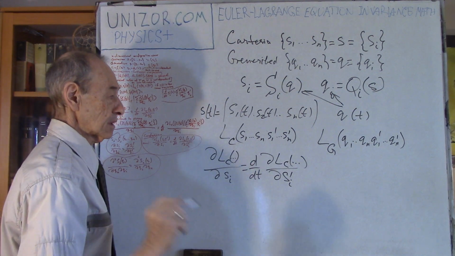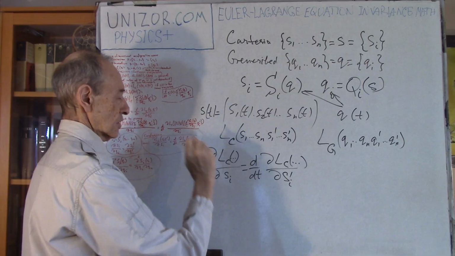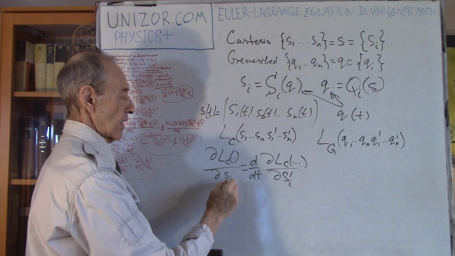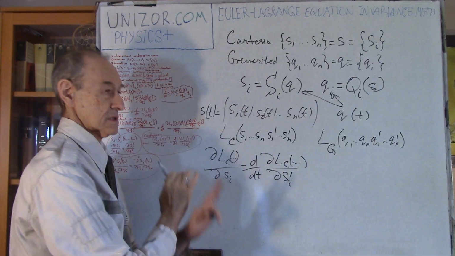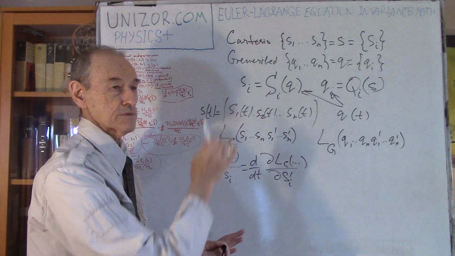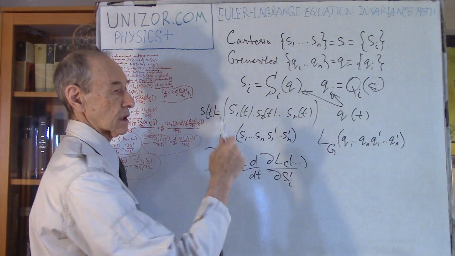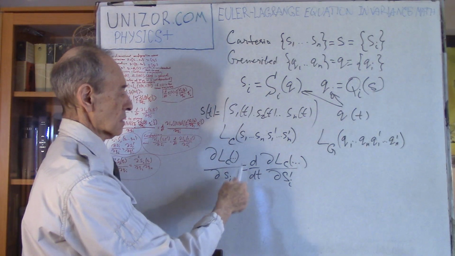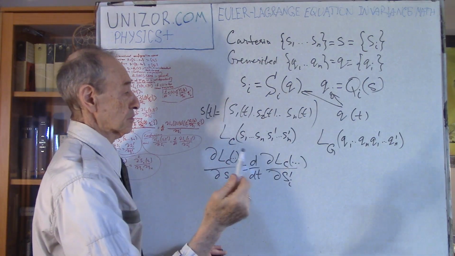So what I'm claiming right now is that if S is a trajectory, then it satisfies the Euler-Lagrange equation in Cartesian coordinates. We know that. It goes from Newton's second law to the Euler-Lagrange equation, this one, in Cartesian coordinates. That had been proven before.